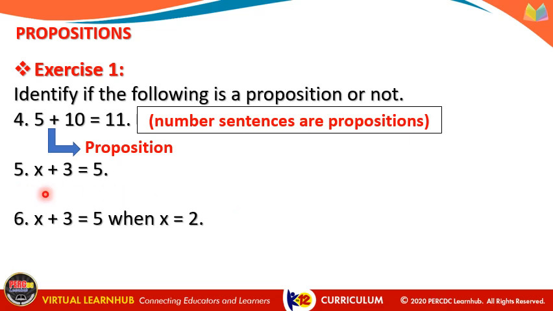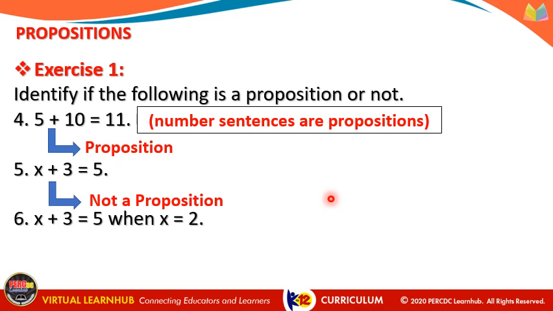Next, x plus 3 is equal to 5. Now take note, this is not a proposition. Why is it not a proposition? Remember that the second condition for it to become a proposition is it should be clear that the statement is true or false.